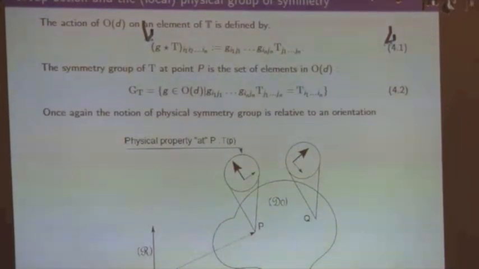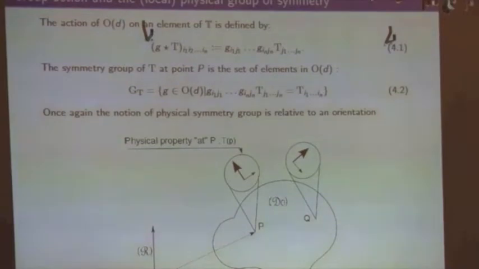How does this tensor over a point transform if I make a rotation acting on it? How do I turn a tensor? Physically, I turn the matter and the tensor will turn.